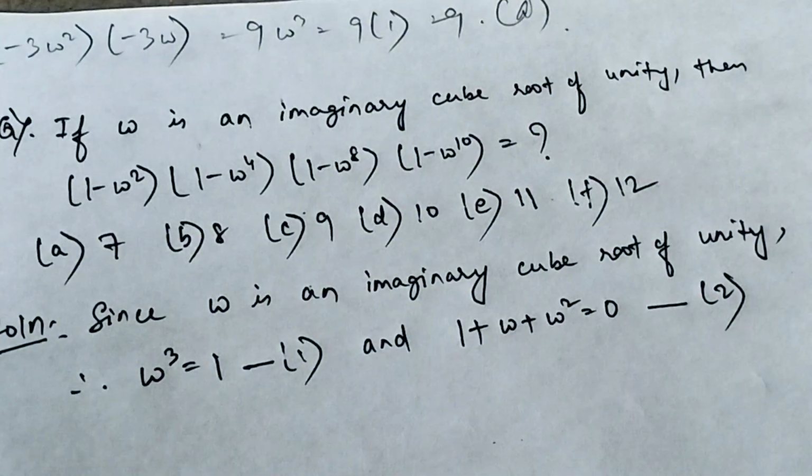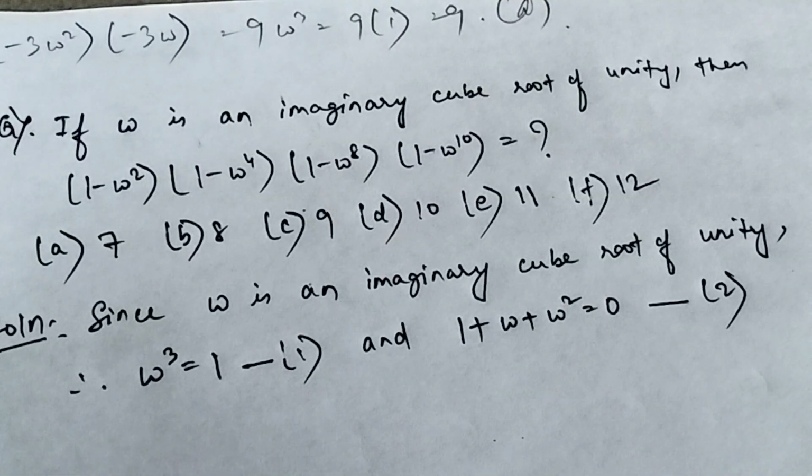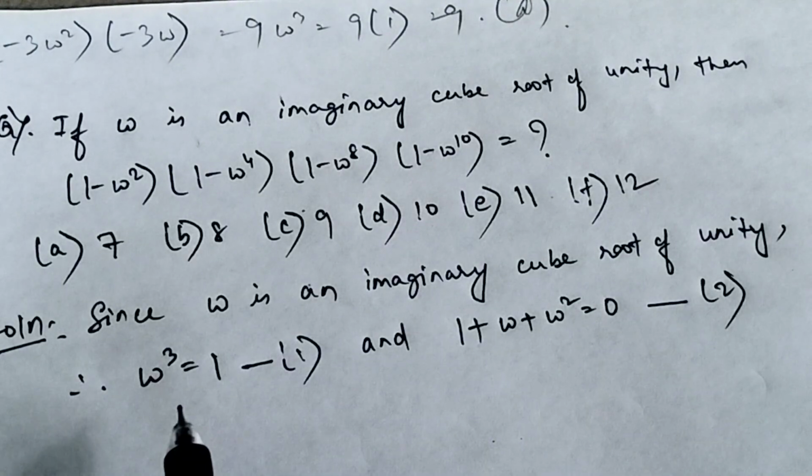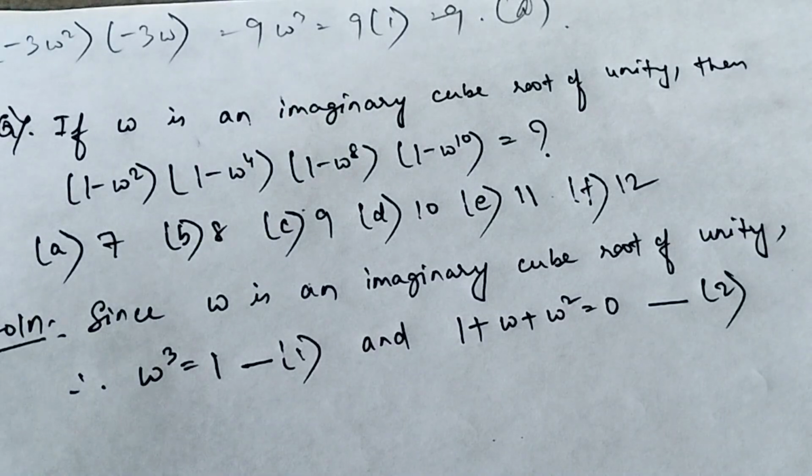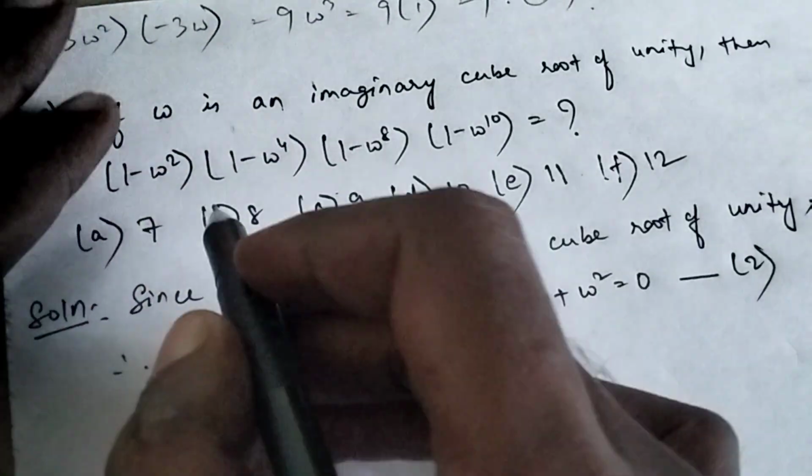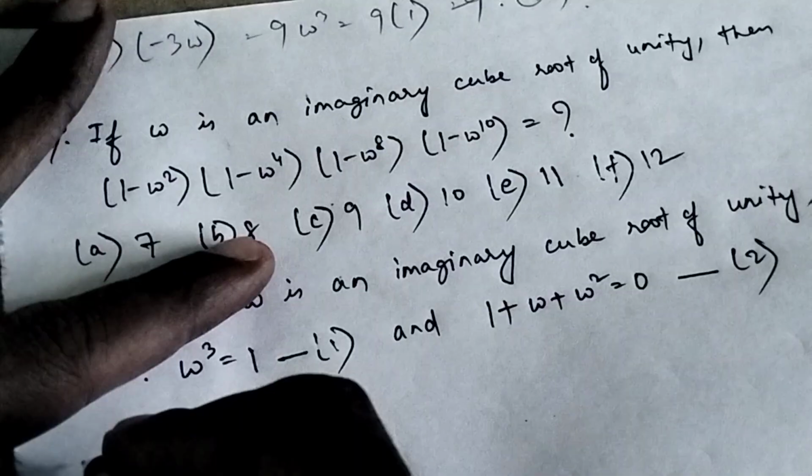Name it as equation 2. Clear? We will have two equations. One is this one, another is this one. Clear? So now we will try to find the value of this expression.